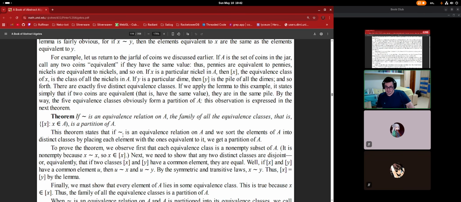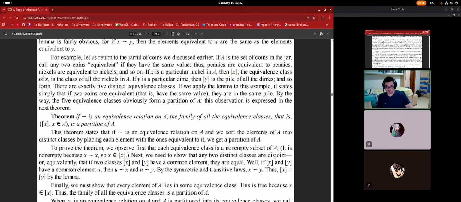So it states that if tilde is an equivalence relation on A, and we sort the elements of A into distinct classes by placing each element with the elements equivalent to it, we get a partition of A. Which means that it's disjoint, and if they have a common element, they are in fact the same.